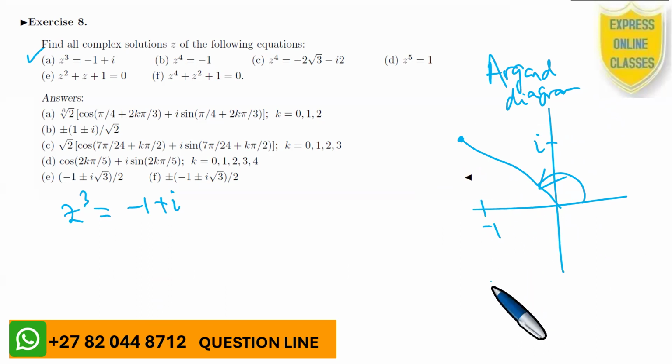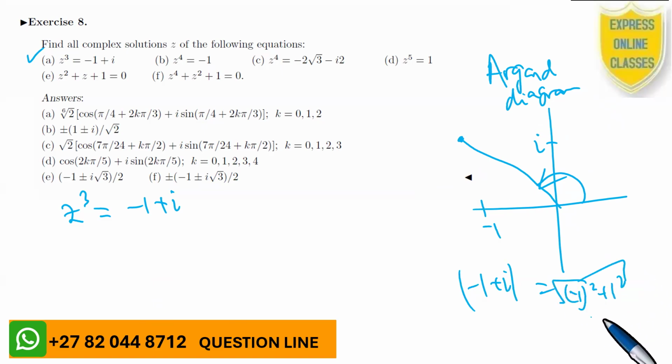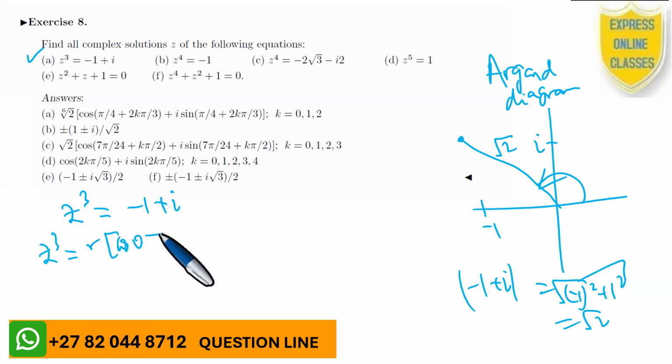And therefore, by Pythagoras theorem, for minus 1 plus i we have minus 1 squared plus 1 squared, which is the square root of 2. Right, so now the solutions to this can be written as r cosine theta plus i sine theta.